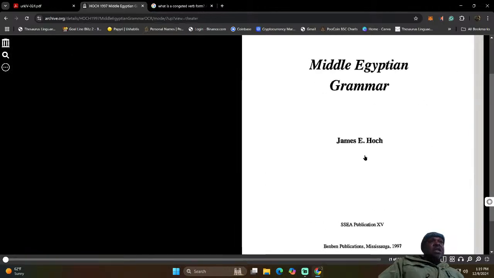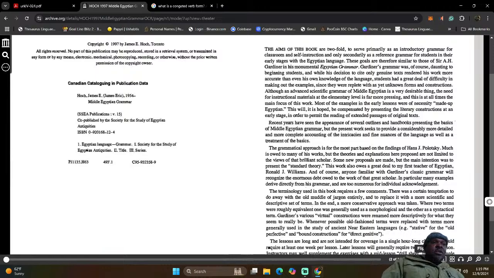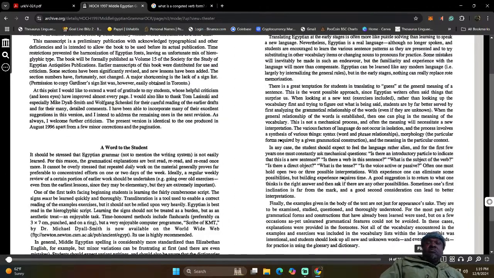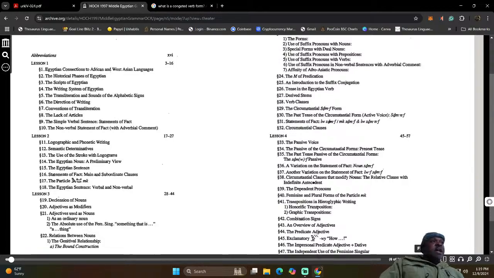J.E. Hope, Middle Egyptian Grammar. And this is a cool baseline area to start in understanding ancient Egyptian, right? So I'm gonna dive right into it.